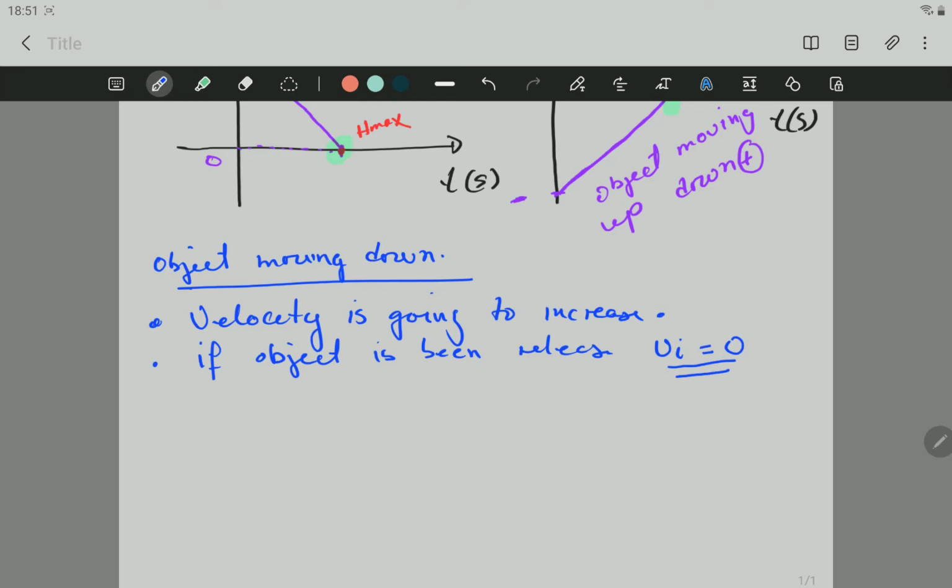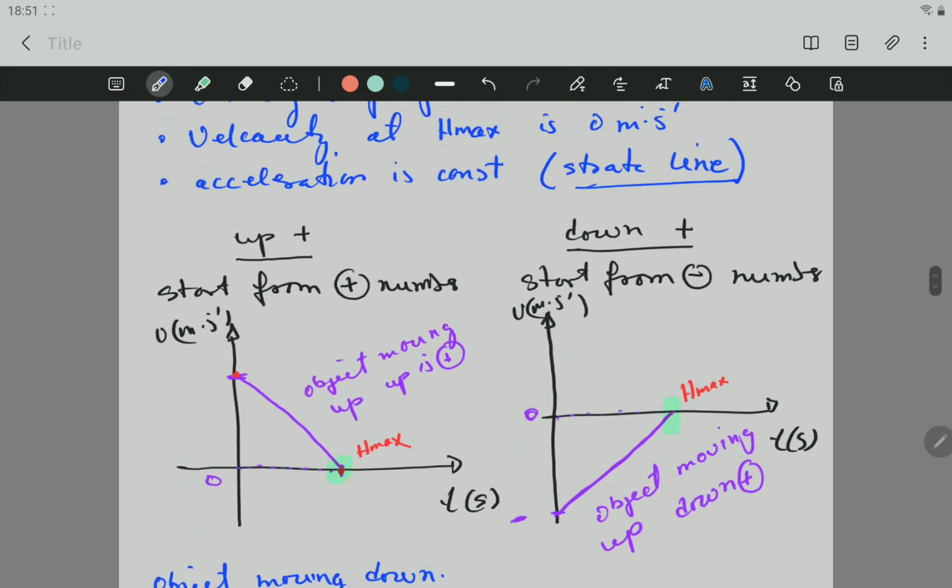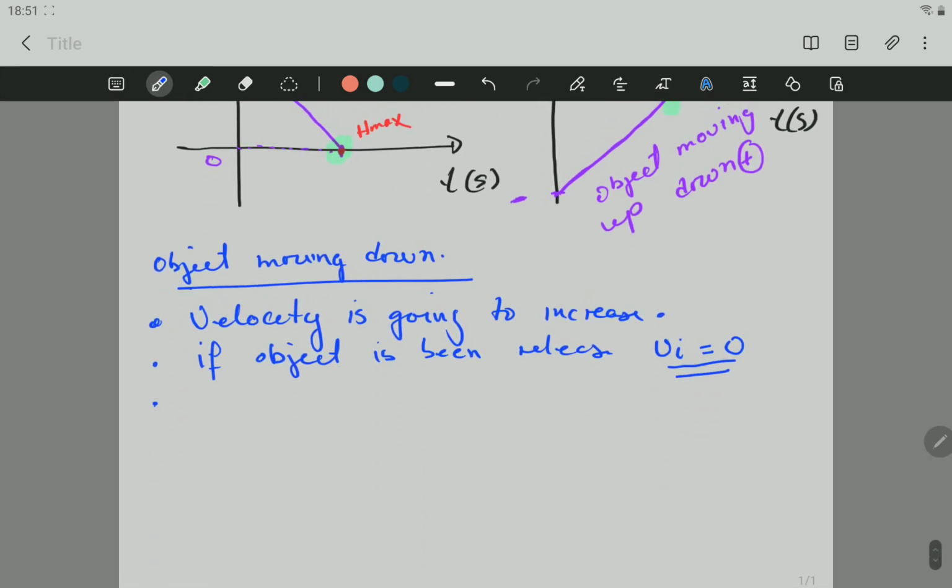That is important. This is when the object is being dropped, it's being released. The initial velocity is 0. It doesn't always need to be 0. If the object is being thrown, then the initial velocity is different than 0. It will be a number and it will still increase. Okay? And the acceleration, the same as when it's moving up, is constant.